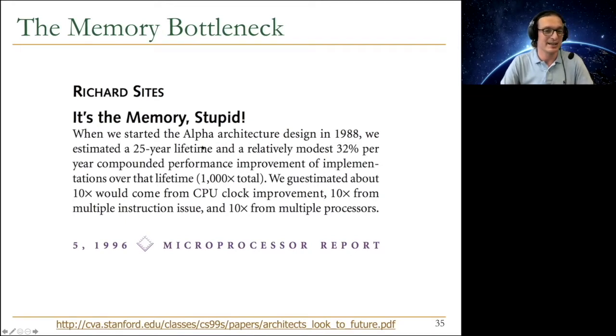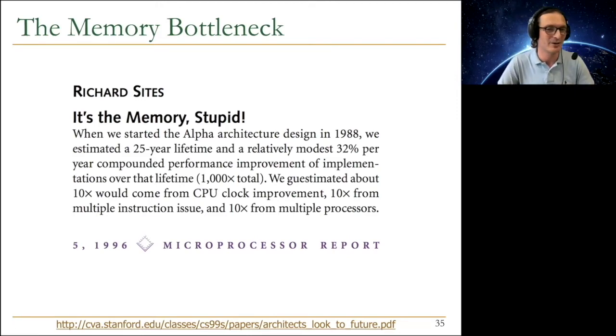They wanted a long lifetime for this processor, and they guessed 10x of the improvements would come from CPU clock frequency, 10x from multiple instruction issue, which you know what that is now, superscalar, and 10x from multiple processors, essentially multiple threads. But again, you can go back and read the paper saying that we're bottlenecked by memory. He starts the paper this way, saying we should really look at memory going forward.